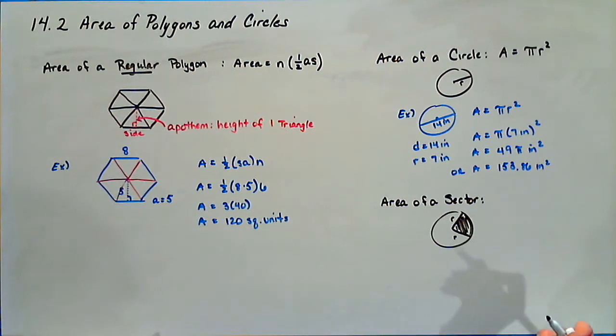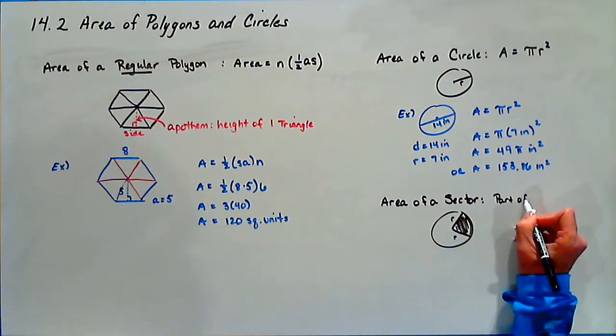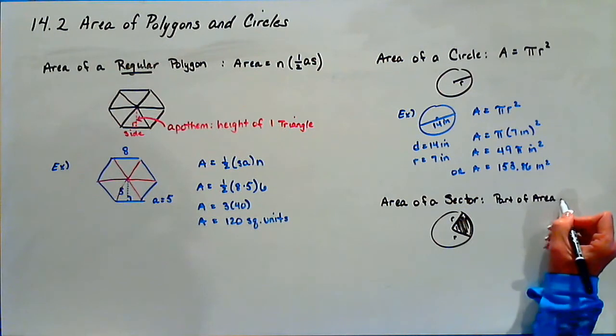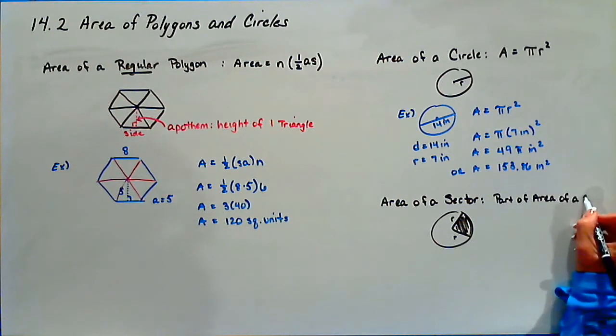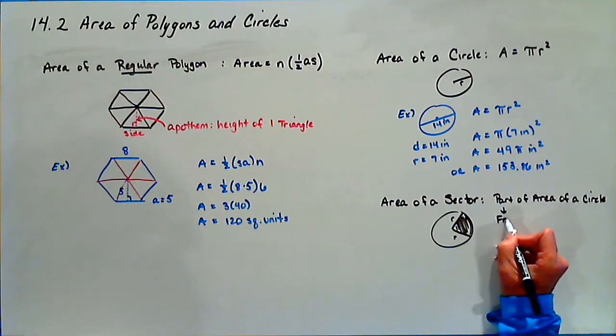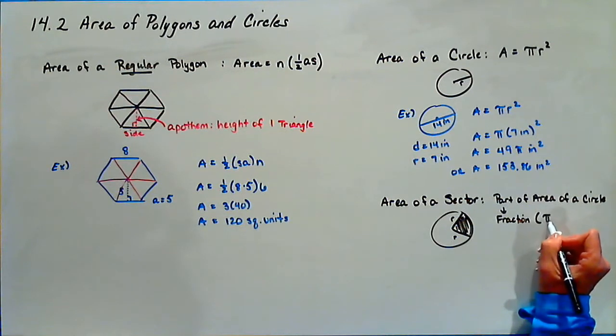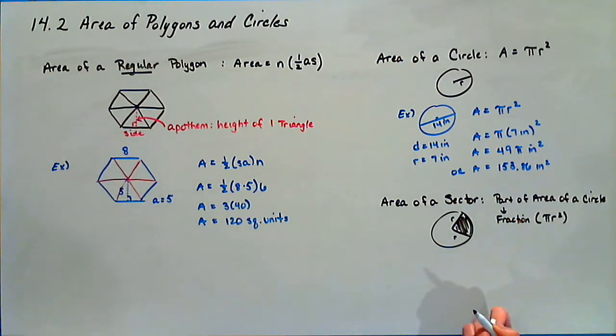So again, I'm going to set it up like I did last section. Think of this as part of the area of a circle. Well, since it's part, it's a fraction of the area, pi r squared.